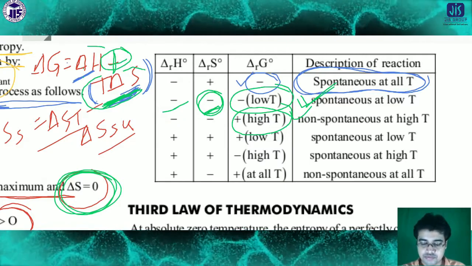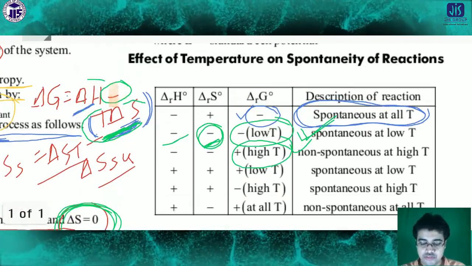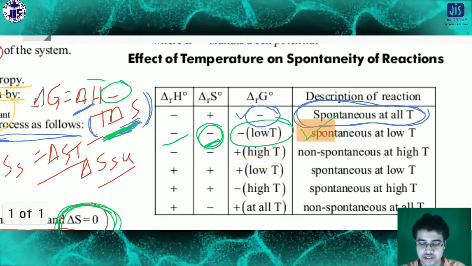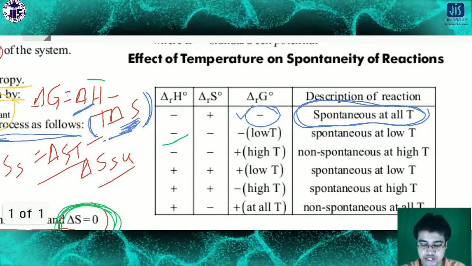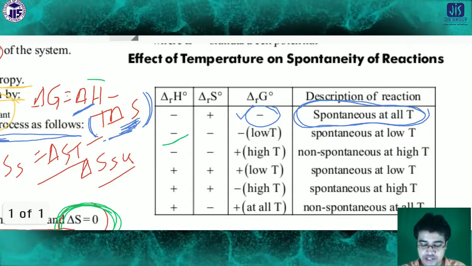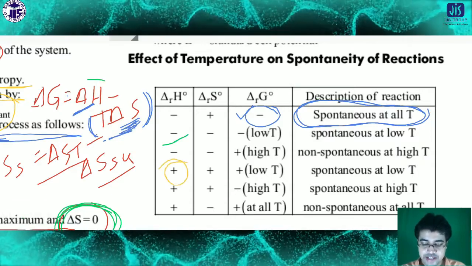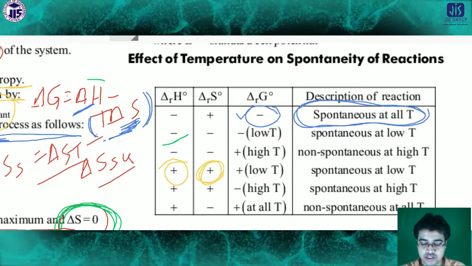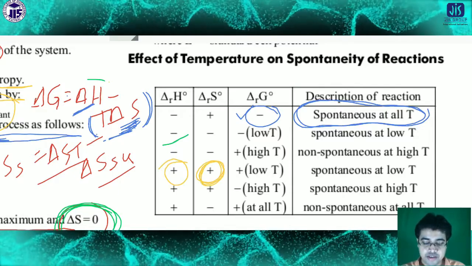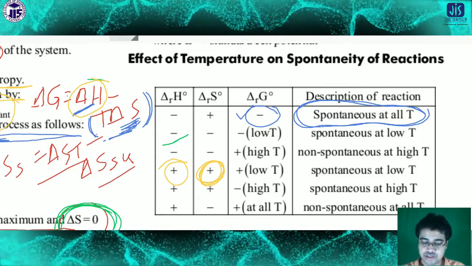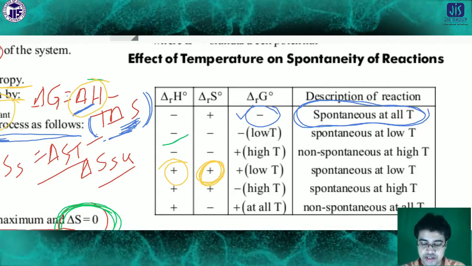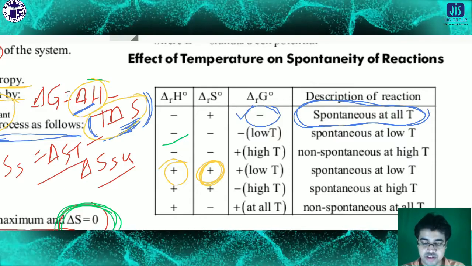Okay, so now they come to the third factor. If we consider the third factor, look here: delta H is positive and delta S is also positive, both are positive. Delta S positive means this is a negative value.